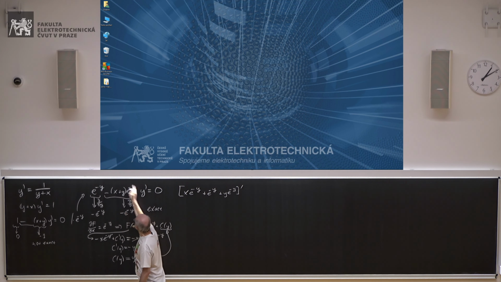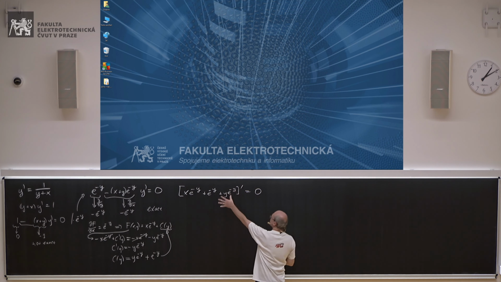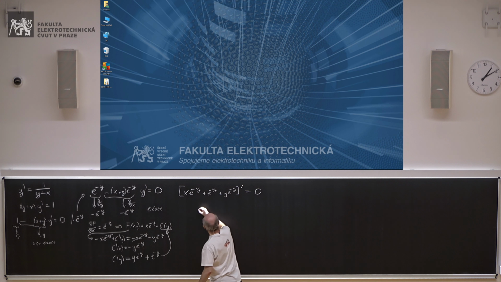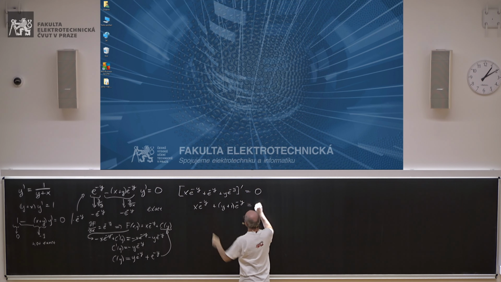Where is it? Here, the left-hand side of my equation. And this should be 0. So I integrate, I obtain a constant c here, and I get, how will I write it? Let's say this way. x e to negative y plus (y plus 1) e to negative y is equal to c.